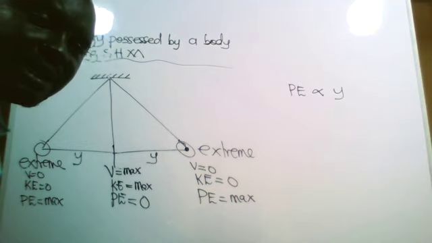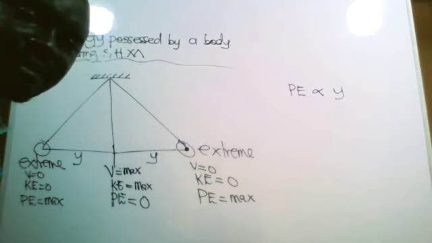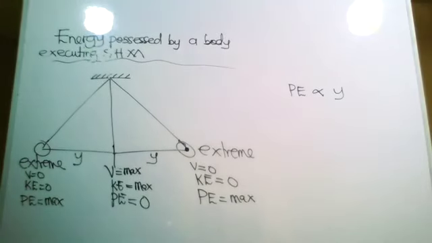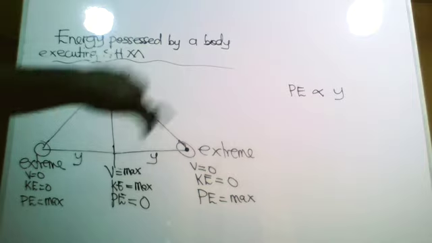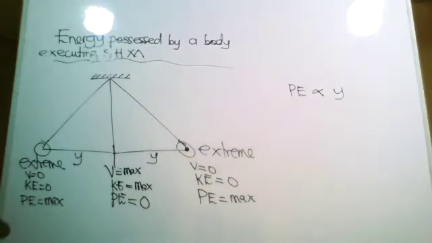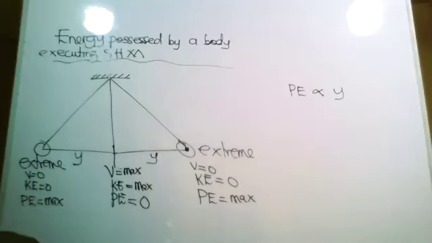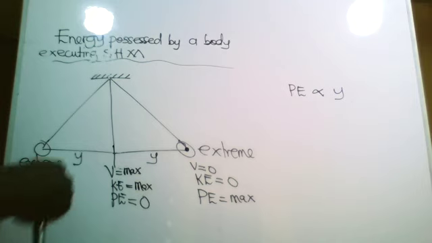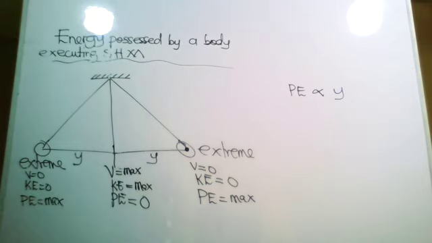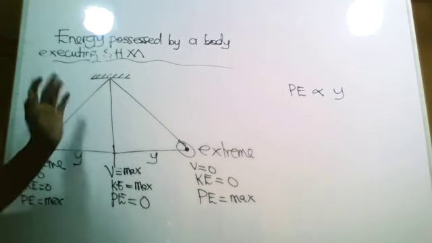Because displacement is maximum at the extremes. Exactly. And this maximum displacement is known as the what? Amplitude. So the whole answer is that at the extremes, the displacement y is equal to the amplitude.